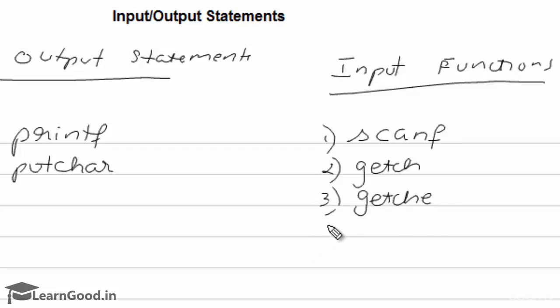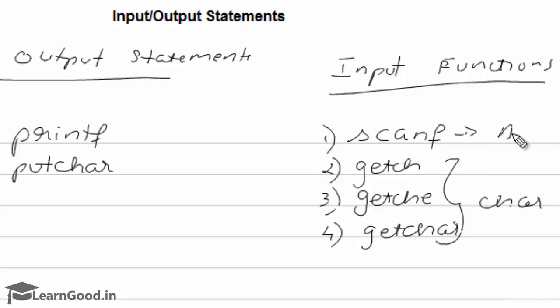Getche is another function meant for reading a single character, and one more is getchar. These three functions are meant to read only one single character from the keyboard, whereas scanf can be used for reading any data type from the keyboard.